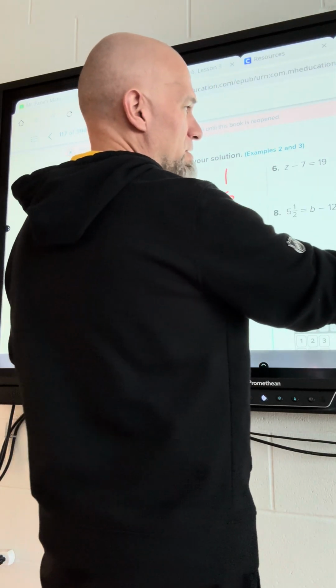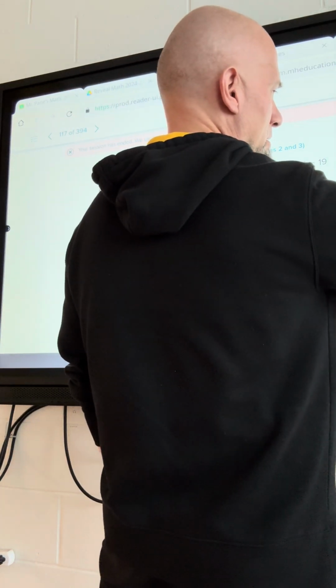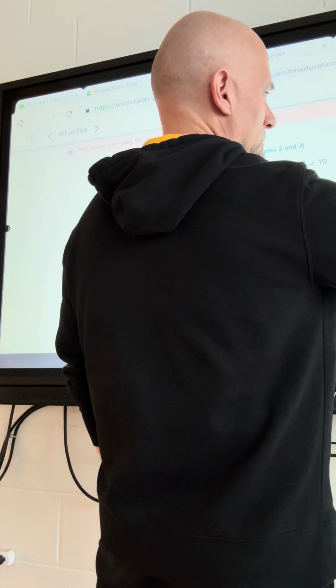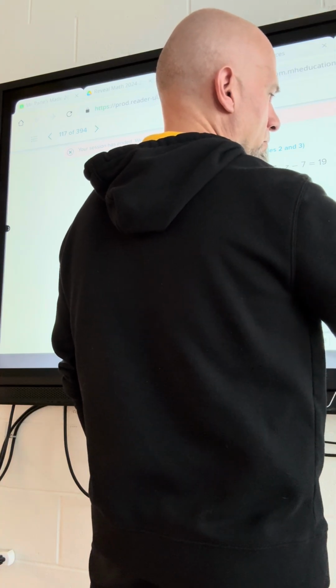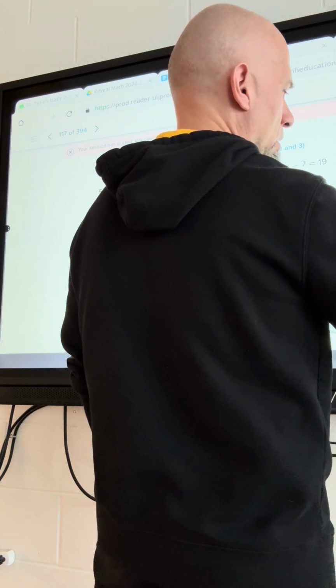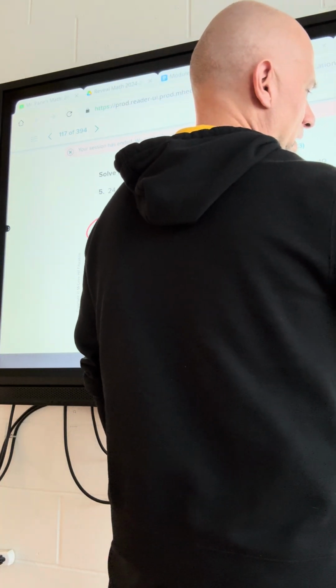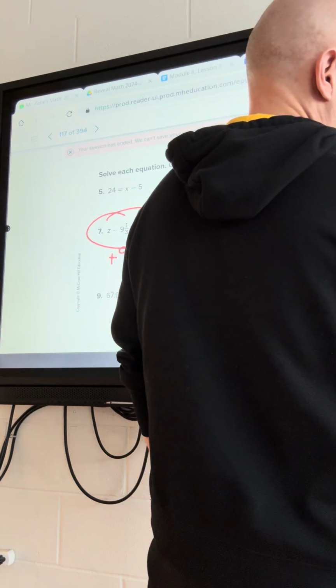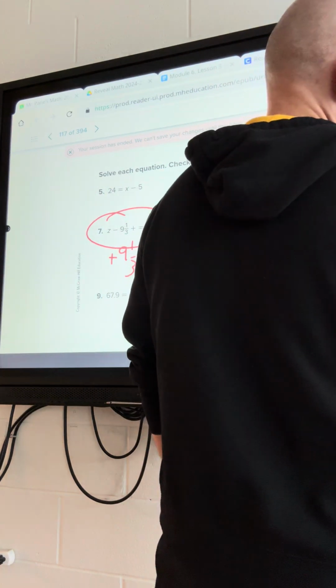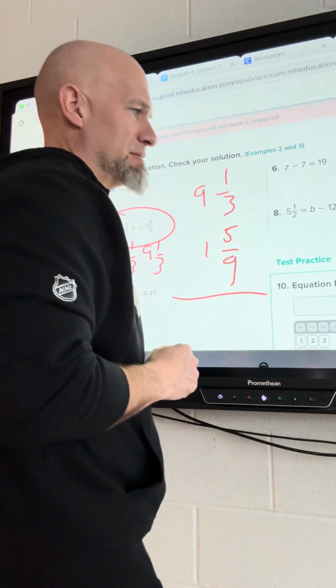So 3 times 3 is 9, 3 times 28 would be 84. And then 84 plus 14 is 98 over 9, so it would be 98 ninths. 9 fits into 98 10 times with 8 as a remainder over 9, so 10 and 8 ninths.